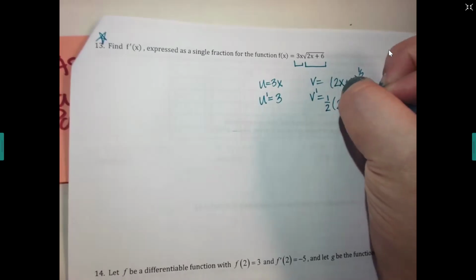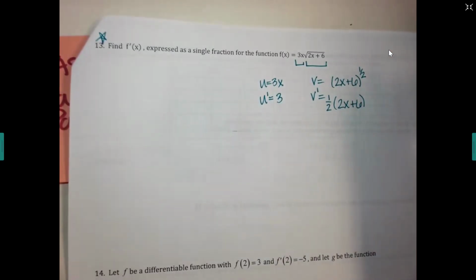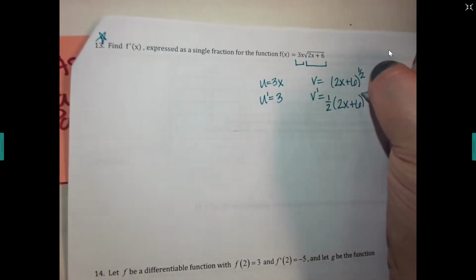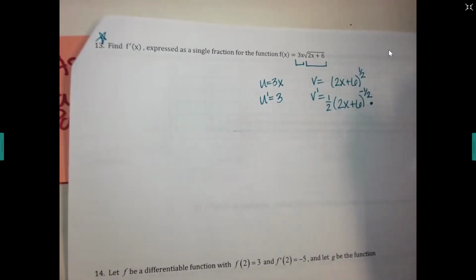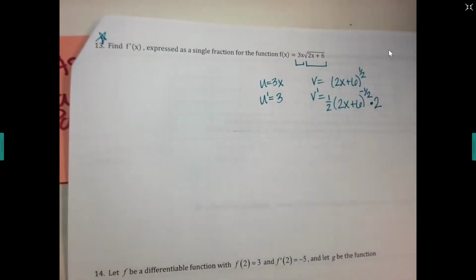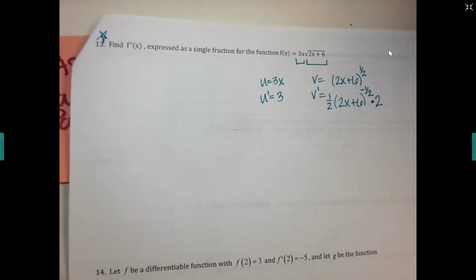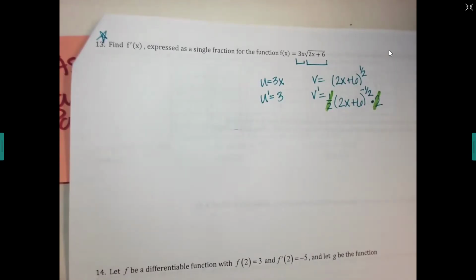What is my new power on the 2x plus 6? 1/2 take away 1 would go to a negative 1/2 times, what's the derivative of the inside layer? 2. And so why does the 2 matter? That's going to actually cancel out the 1/2 and totally get rid of that fraction. So this piece is really just the 2x plus 6 to the minus a half.